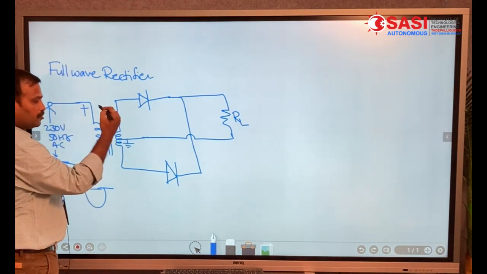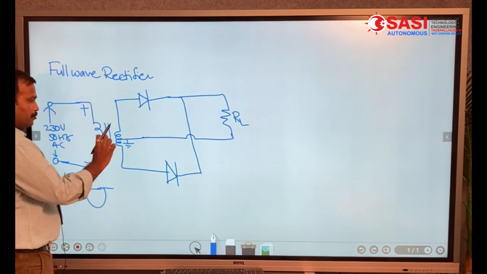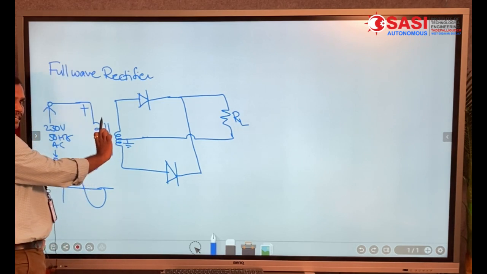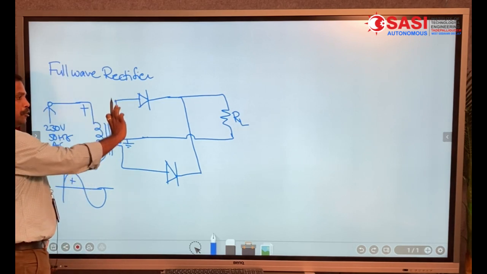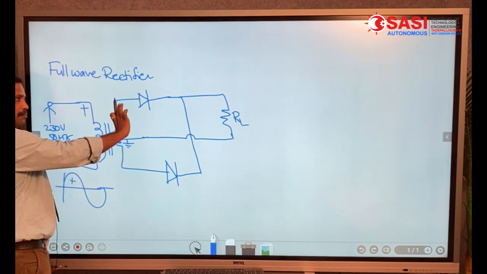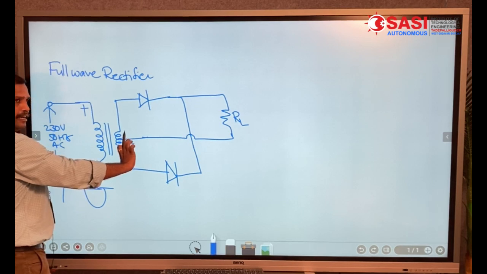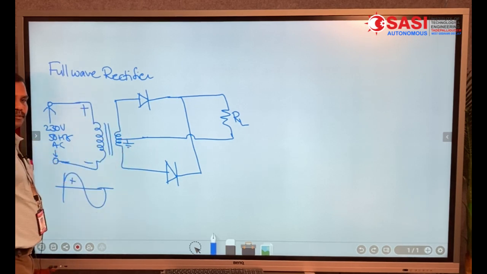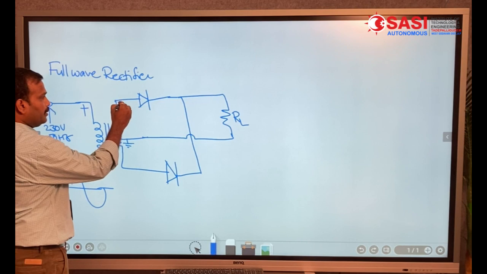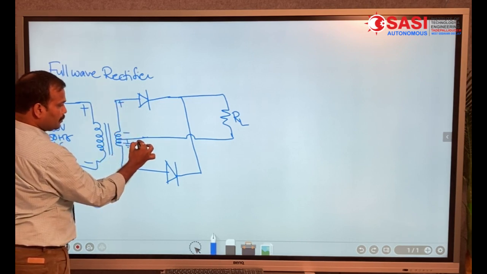Now, because of this center tap connection, the voltage induced in the secondary winding is divided into two halves. First half is applied to the upper winding and next lower winding gets half of the voltage induced here. Now, polarities are like this.